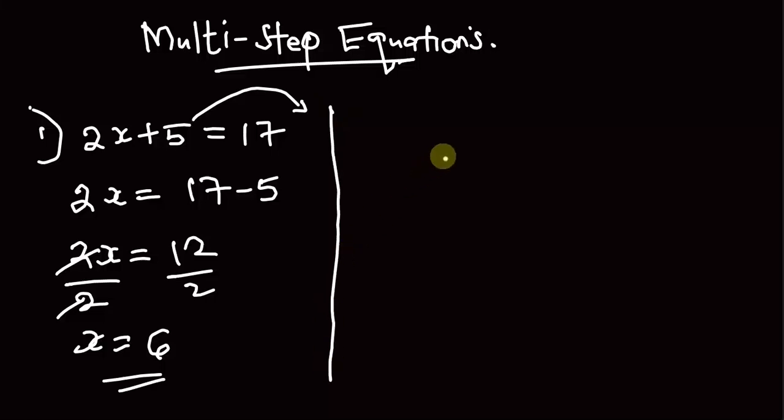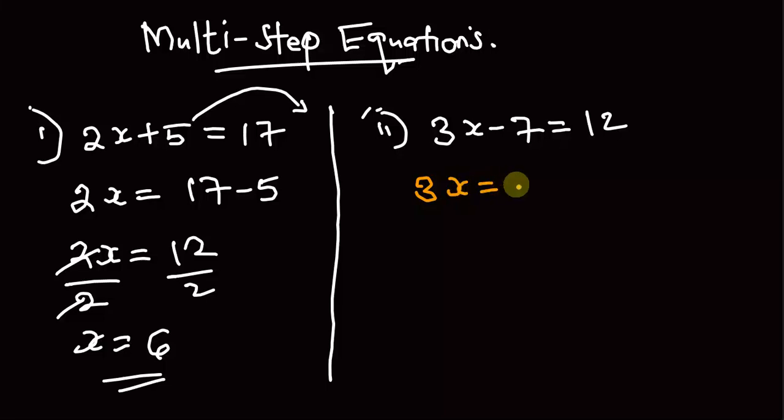The other example, 3x minus 7 is equal to 12. To get the value of x, we will have 3x is equal to 12 plus 7. After 7 crosses the equal sign, it changes sign.